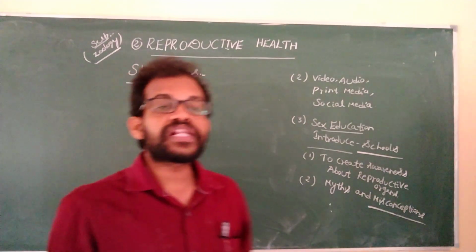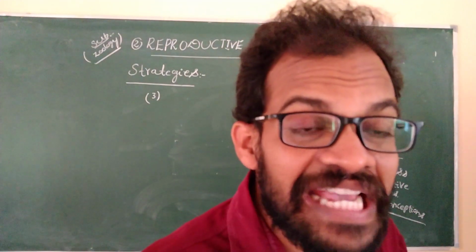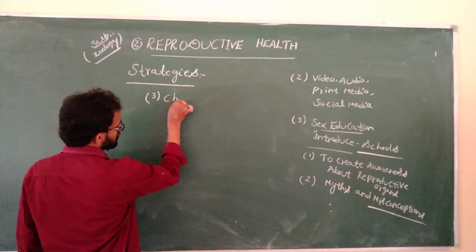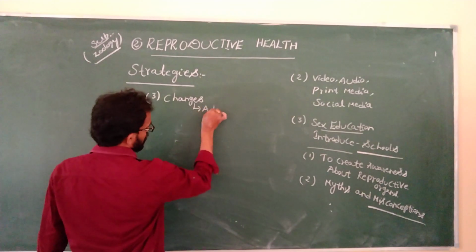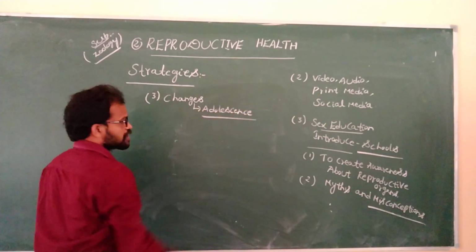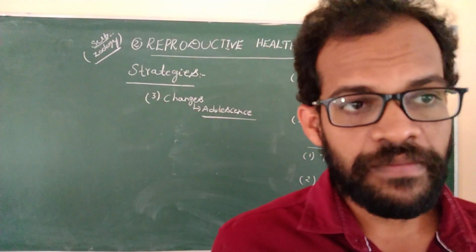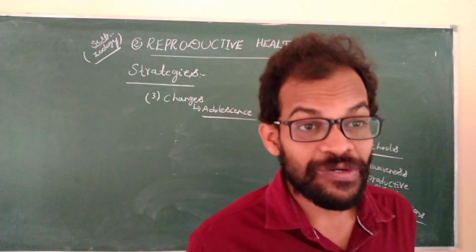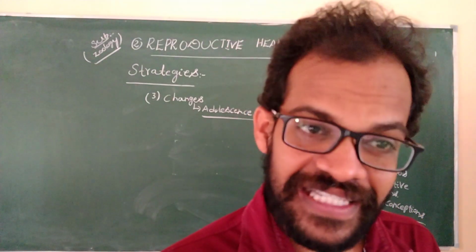To create awareness about the changes taking place at the time of adolescence. Once a male or female baby reaches adolescence, which means 13 to 19 years, 12 to 18 years, or 11 to 19 years, these changes occur.